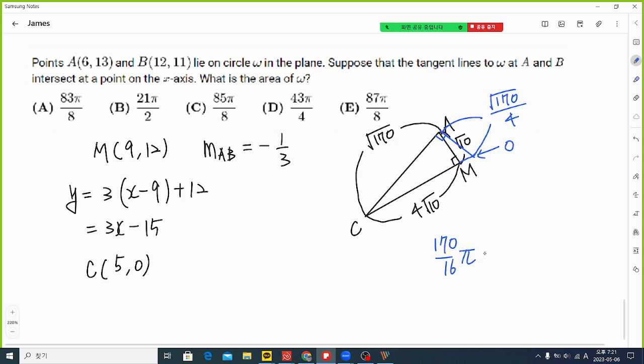Can you simplify this fraction? Yeah, when you divide the numerator and denominator by 2, 85 over 8. So the answer is C.